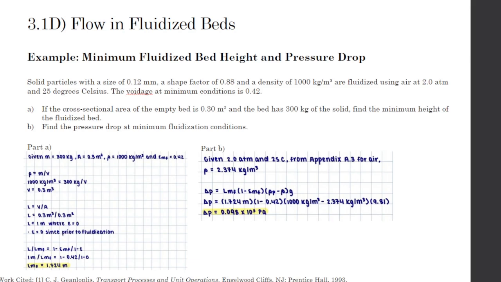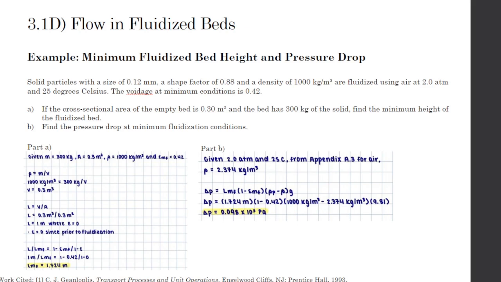So then we can plug in 1 for L, 0.42 for epsilon MF, and 0 for epsilon, and find that LMF, so the minimum fluidization height, is 1.724 meters. So then, for part B, it asks us to find the pressure drop at the minimum fluidization conditions.